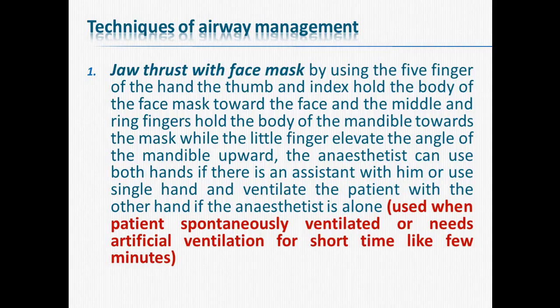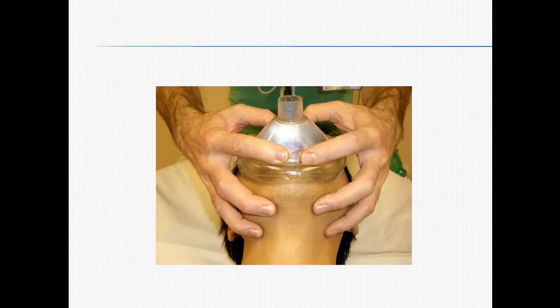This maneuver is called the CE maneuver. It's used when the patient is spontaneously ventilated or needs artificial ventilation for a short time, like a few minutes. In this picture, we see the way of face mask ventilation.